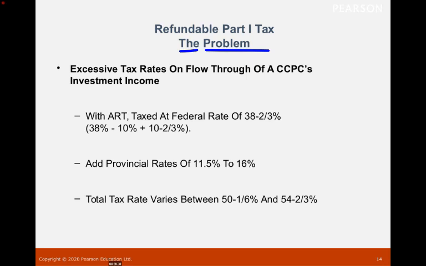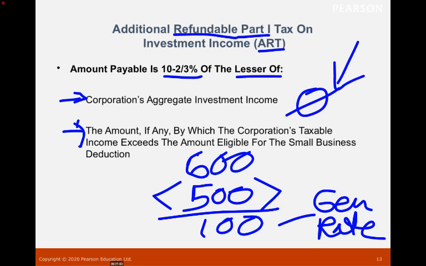We would have an excessive tax rate on the flow through of a CCPC's investment income. So if you include this ART, you're going to be taxed at a federal rate with this referring to your Part 1 plus this additional refundable Part 1.